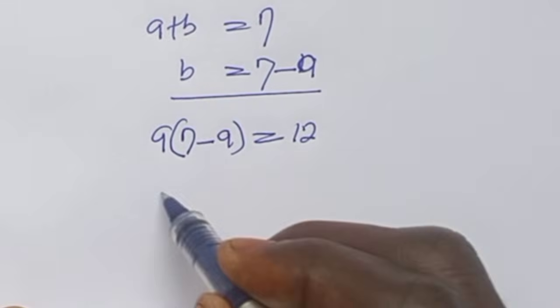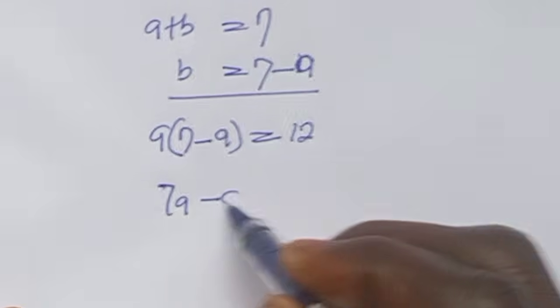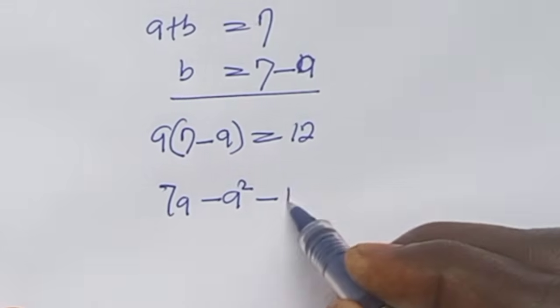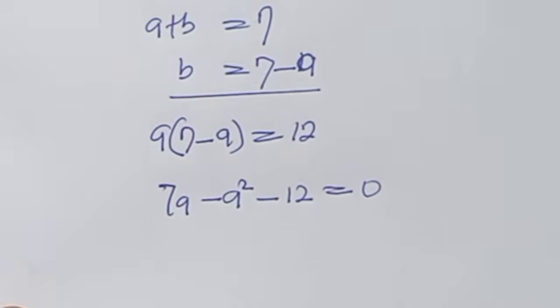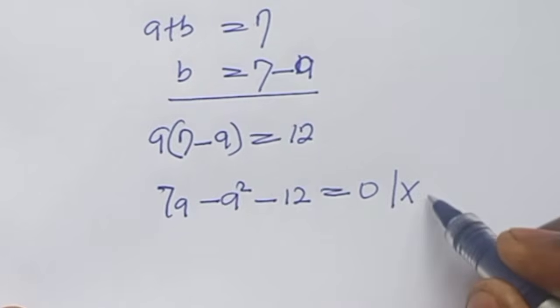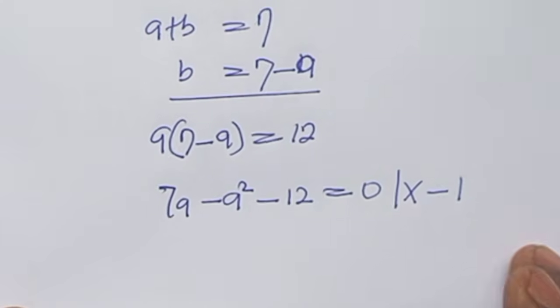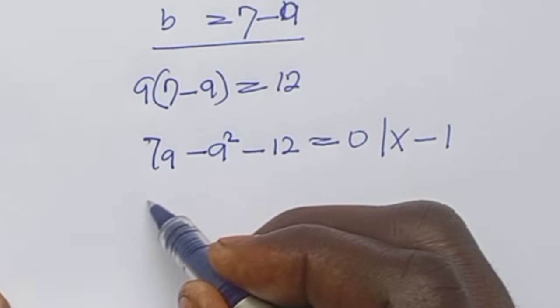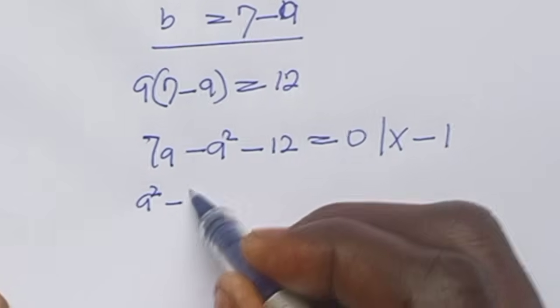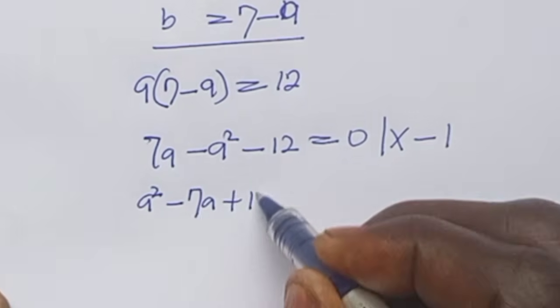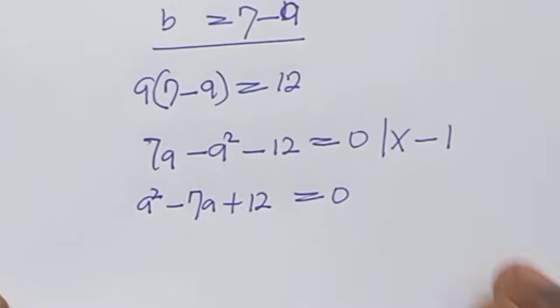And this can be 7a minus a to the power of 2 minus 12 equals 0. And if we multiply both sides by minus 1, it therefore becomes a to the power of 2 minus 7a plus 12 equals 0. And this is a typical quadratic equation.